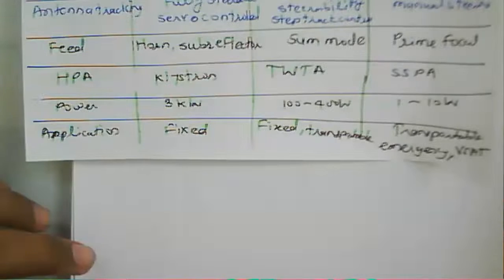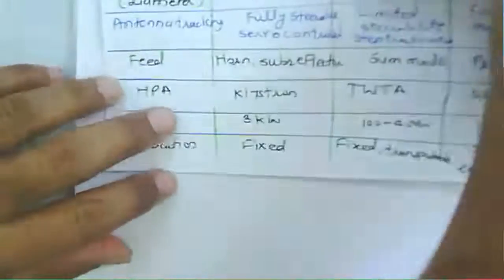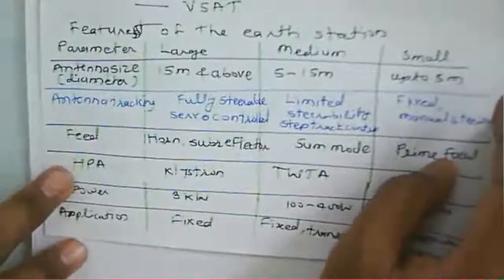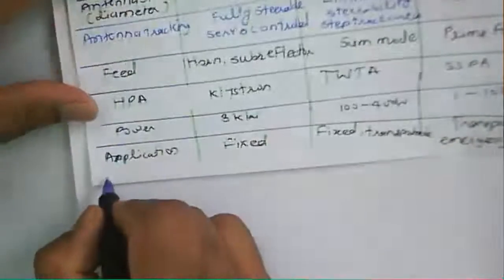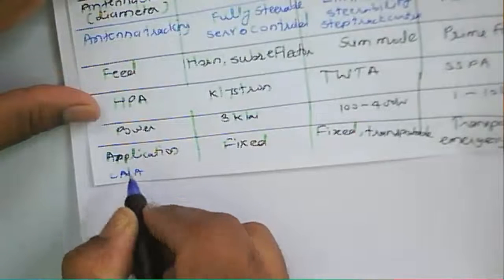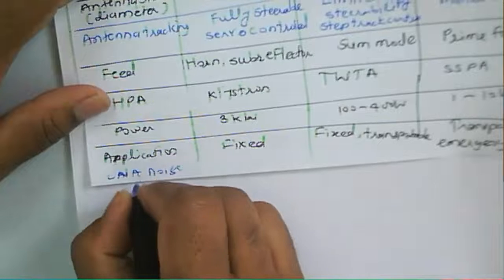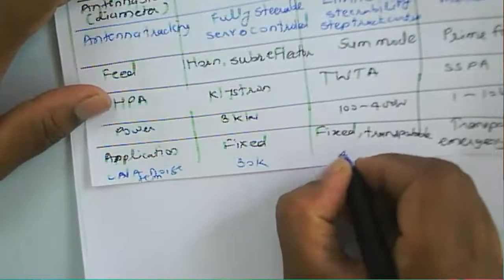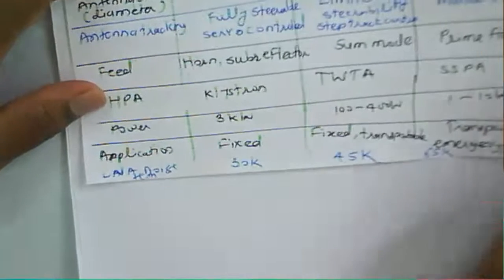Now we'll talk about the earth station transmitter here, whether that earth station is a small earth station, a large earth station or a medium earth station. Along with that, we can talk about the low noise amplifier noise temperature, which will be 30K, 45K, and here it is 65K.